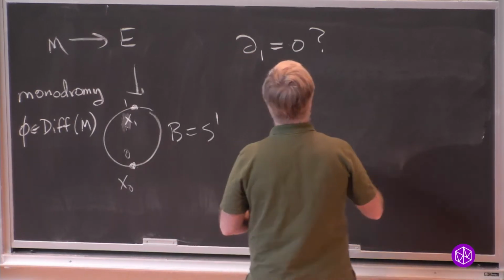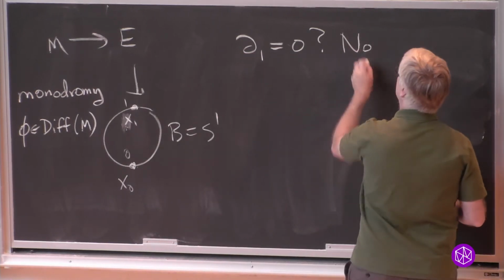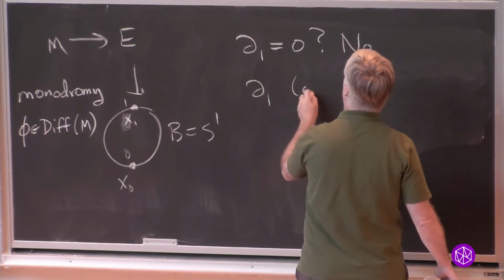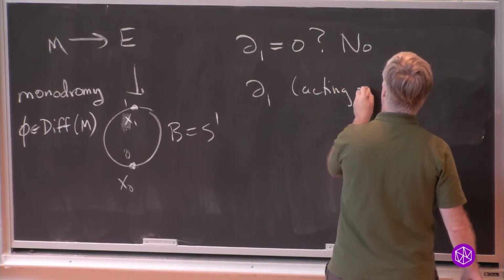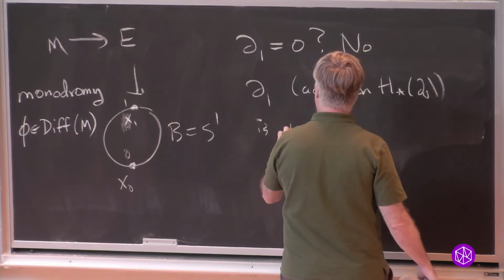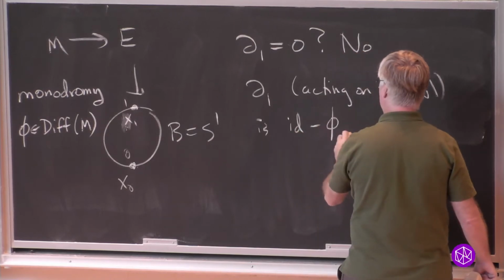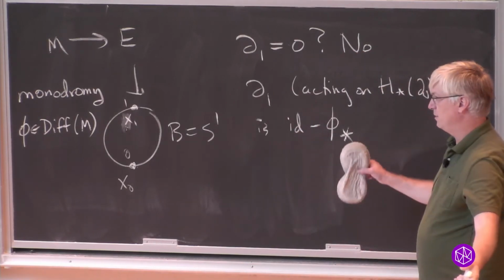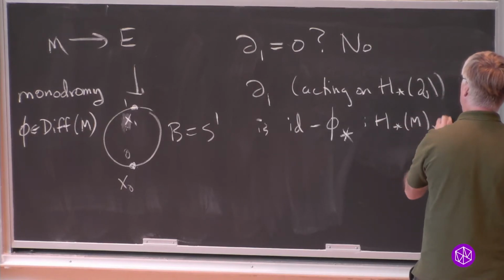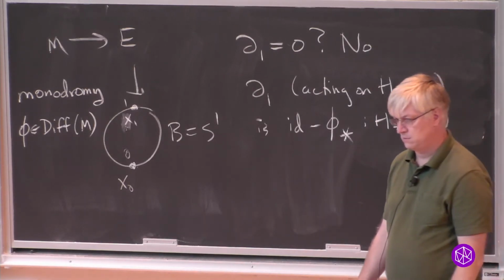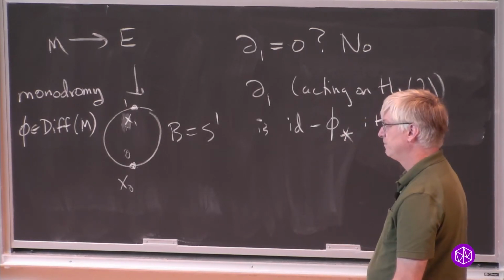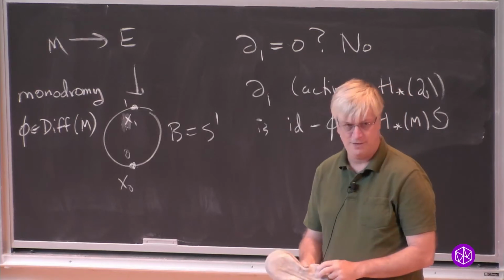So after you've chosen one of these identifications, then D1 acting on H star of D0 is the identity minus the map on homology induced by phi. That's right. Okay. Great. Other questions?